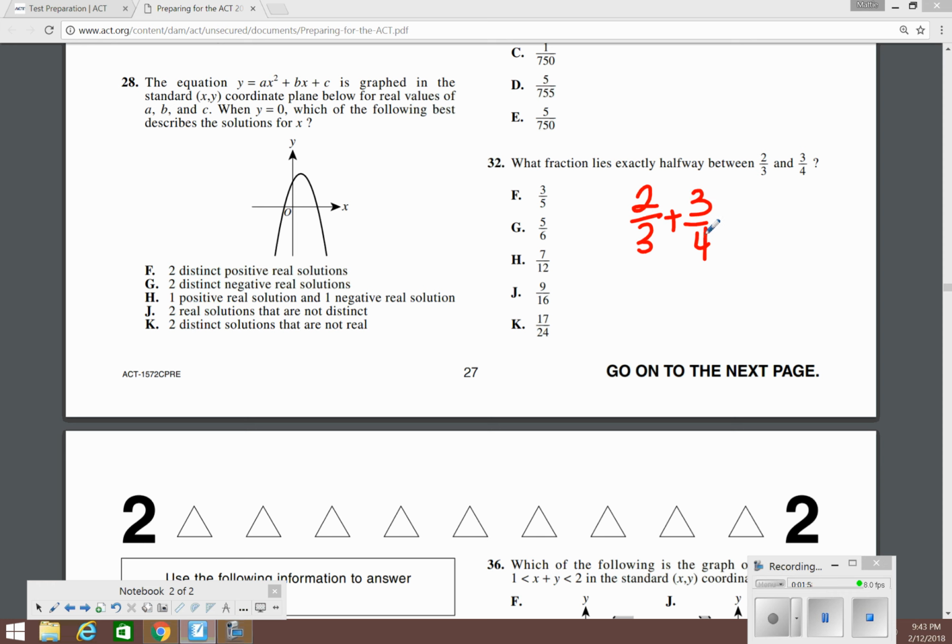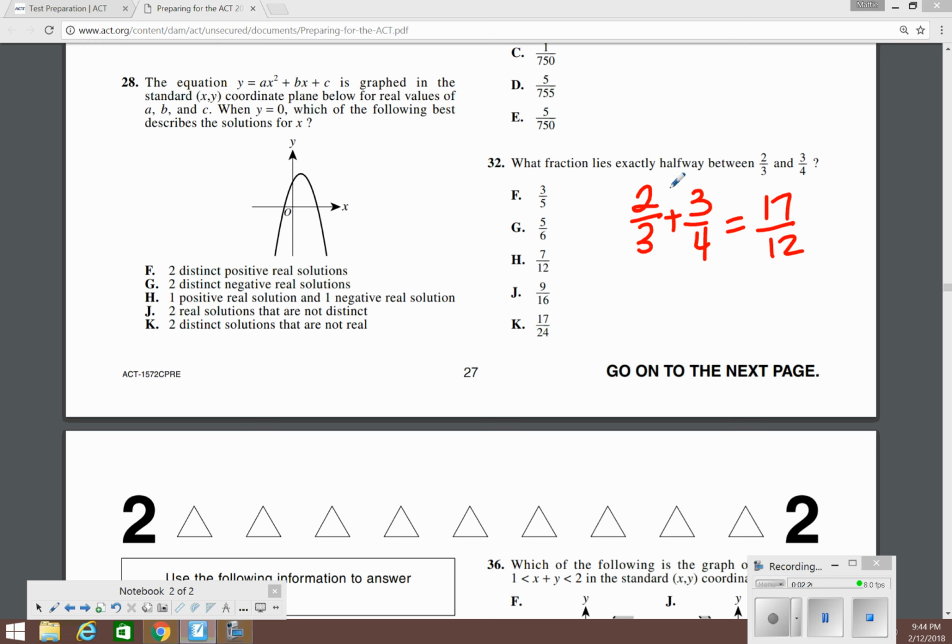And so probably the easiest way to do this is by using the scientific calculator. Like I've mentioned before, the TI-30 XS Multiview actually has the fraction button on it, that when you enter the fraction, you can put in 2/3 as a fraction and then add 3/4 as a fraction, which gives you 17/12.